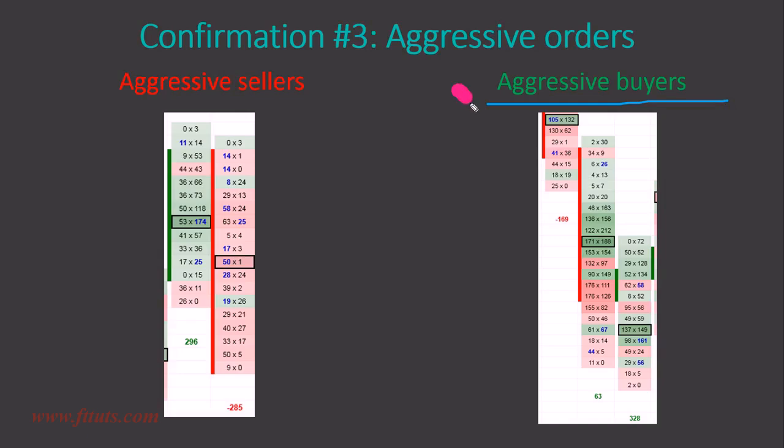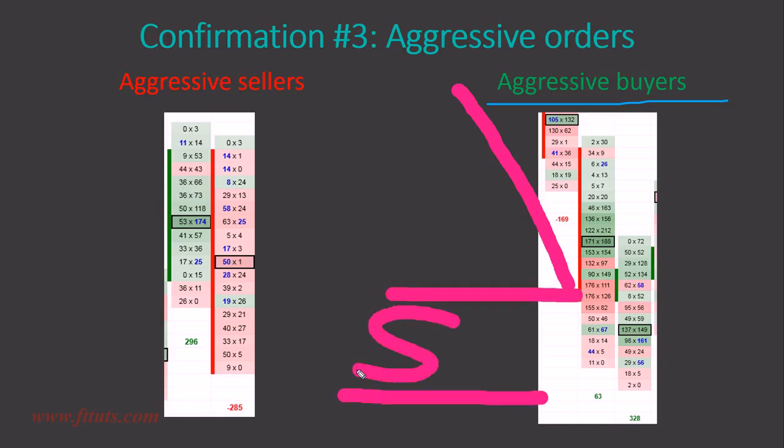There was a selling activity in here, and then imagine that you had a support somewhere in this area. Imagine you created this support using a volume profile, for example, and in that support you are waiting for a confirmation. This is the confirmation of aggressive orders.